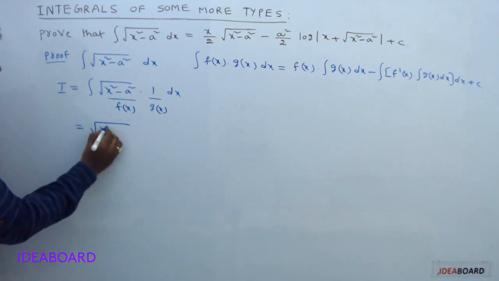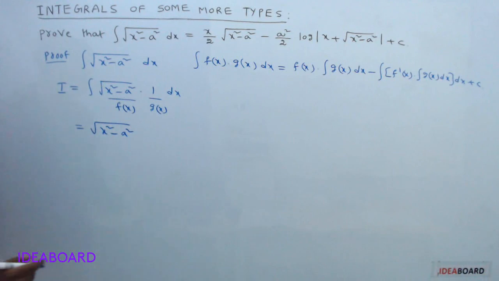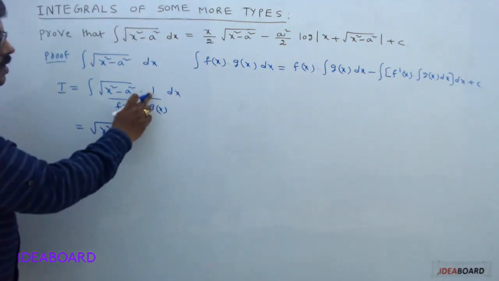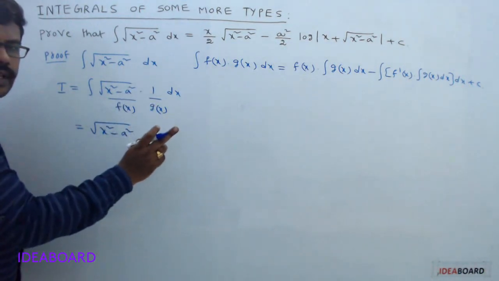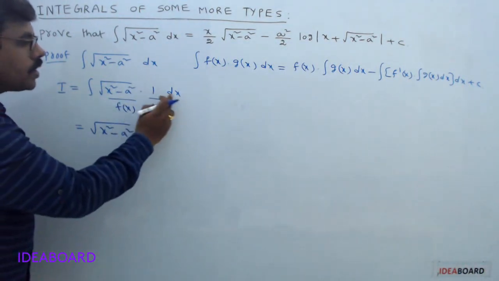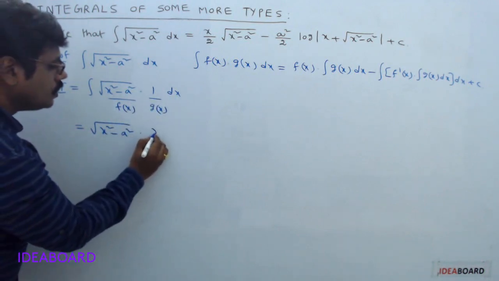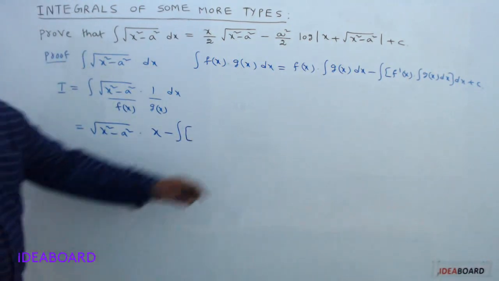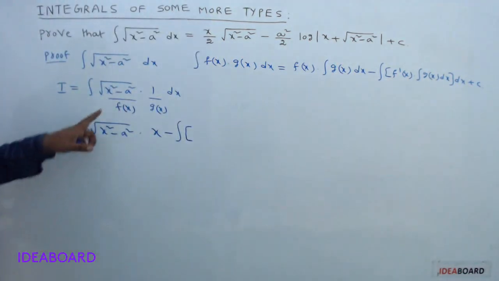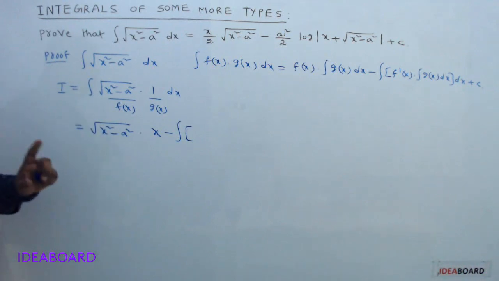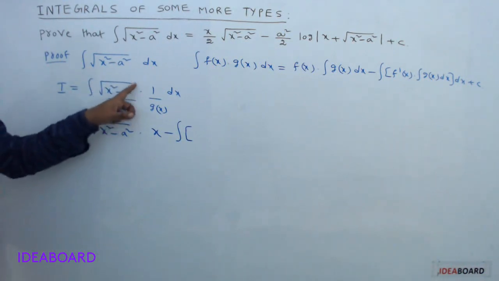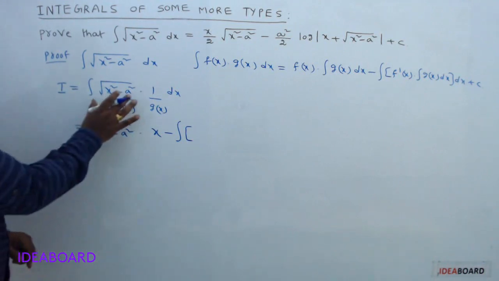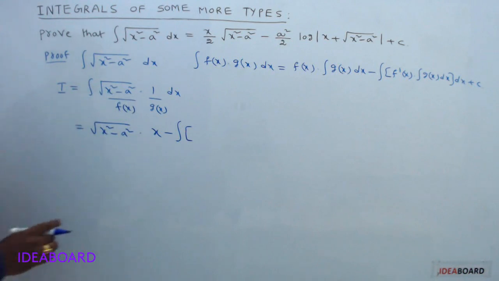Root of x square minus a square, into integral g of x dx. g of x is 1, so integral g of x dx means integral 1 dx, which is x, minus integral of f dash of x, that is, the derivative of f of x, the derivative of square root of x square minus a square. What is the derivative of root of x square minus a square?